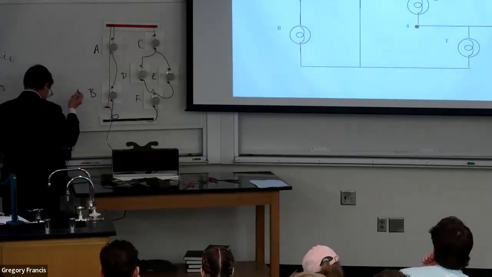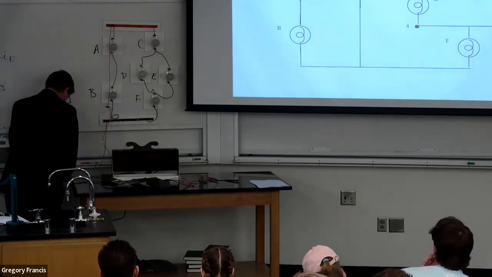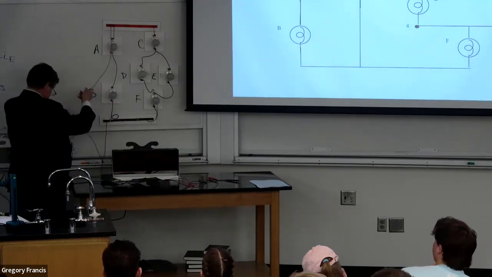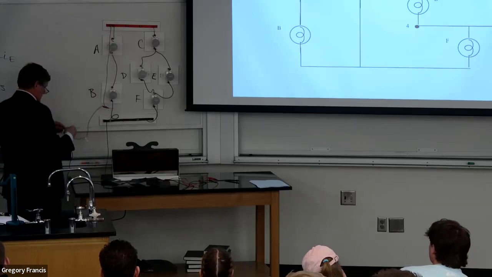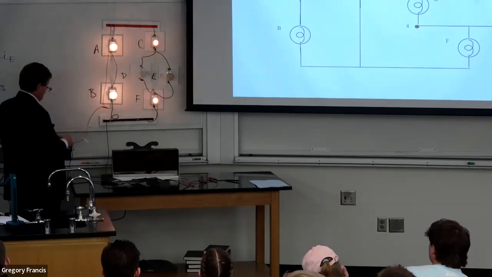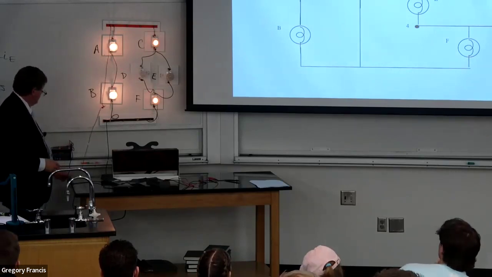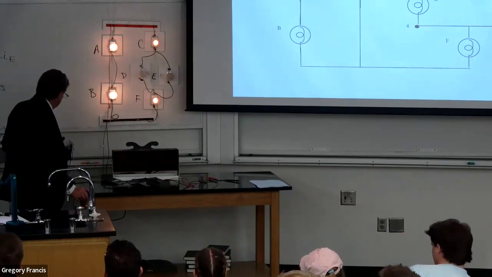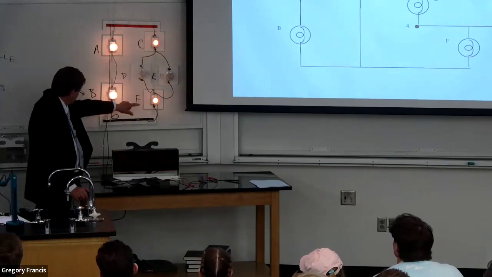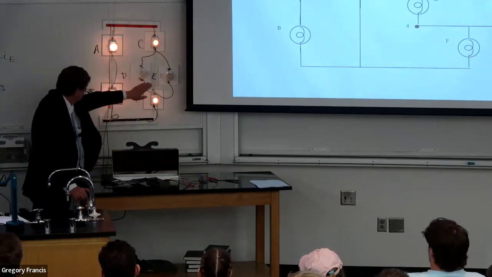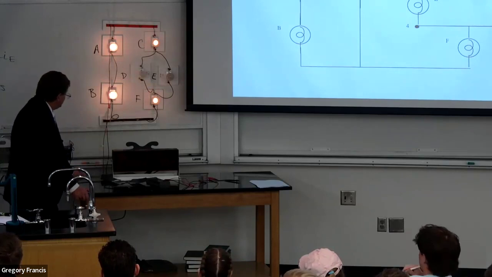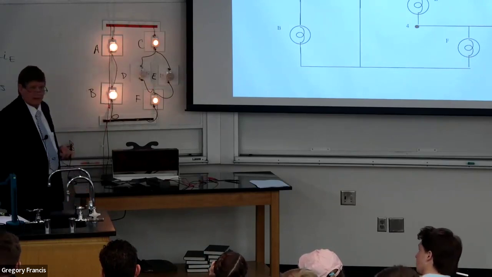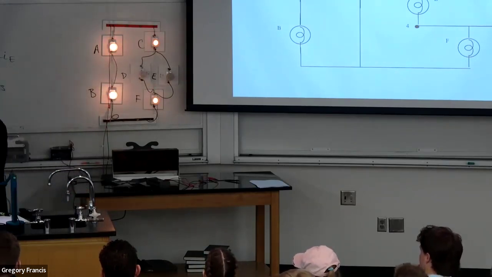Now I connect the negative terminal of the battery here, the positive terminal of the battery here, and is that what we predicted? A is brighter than C, and C is the same brightness as F, and these guys are so dim we can't even see them, but we know that they have to have half the current through C. Is that correct?